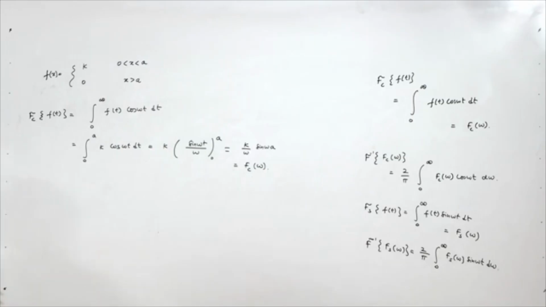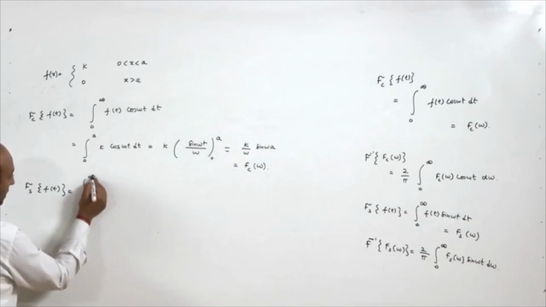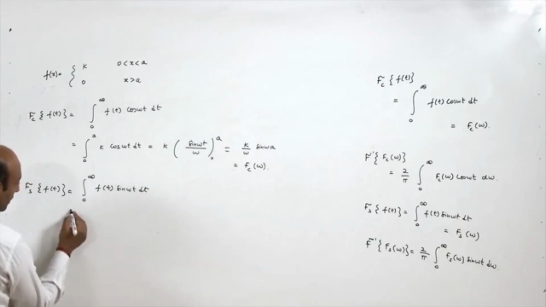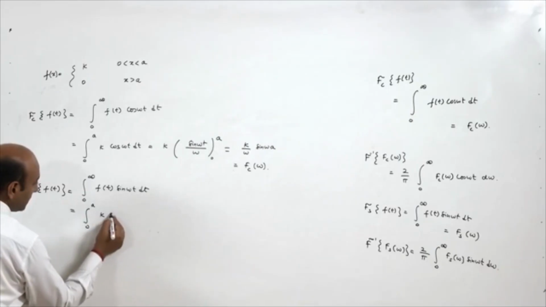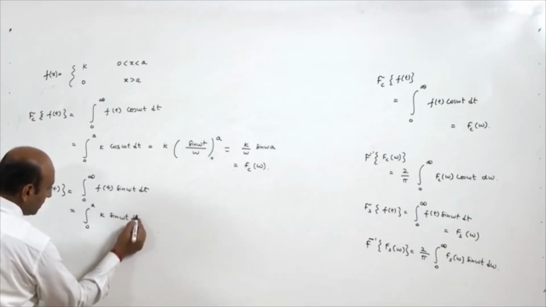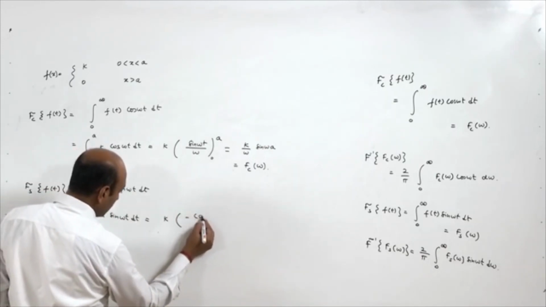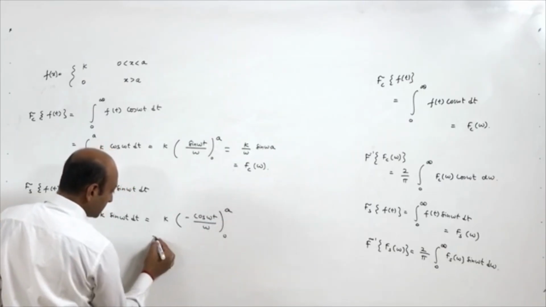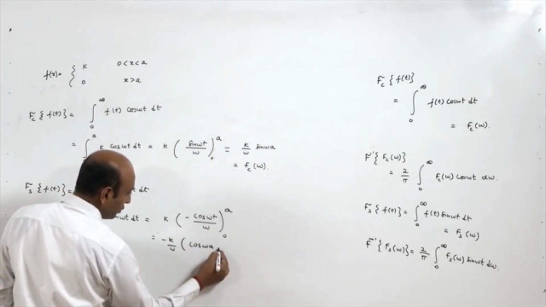Now, similarly, if you want to find out the Fourier sine transform of this function, the Fourier sine transform of f(t) will be nothing but again the integral from 0 to infinity of f(t) sin(ωt) dt, which equals the integral from 0 to a of k sin(ωt) dt. k can come out, it is minus cos(ωt)/ω from 0 to a, which is minus k/ω times (cos(ωa) minus 1).